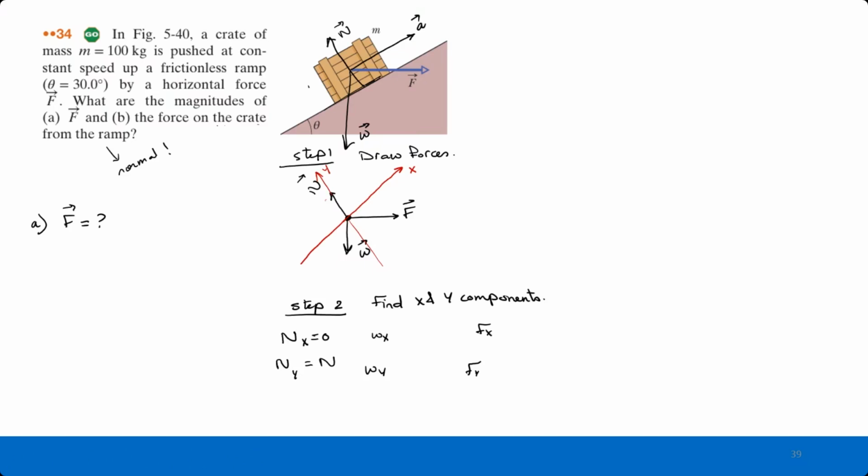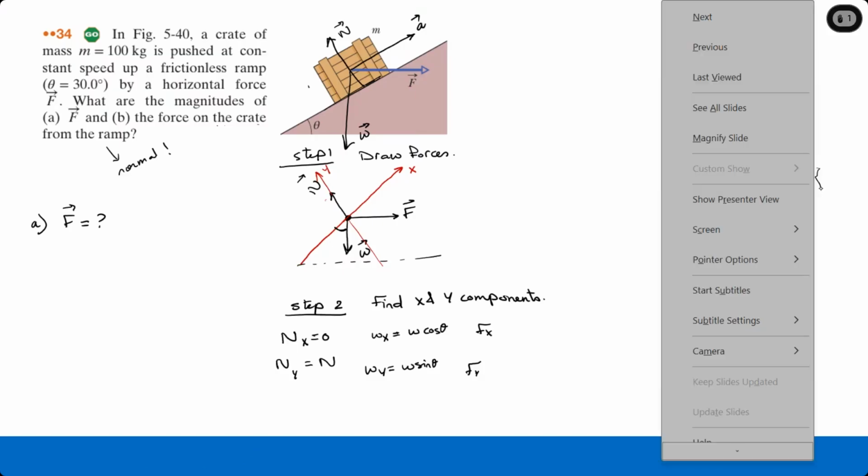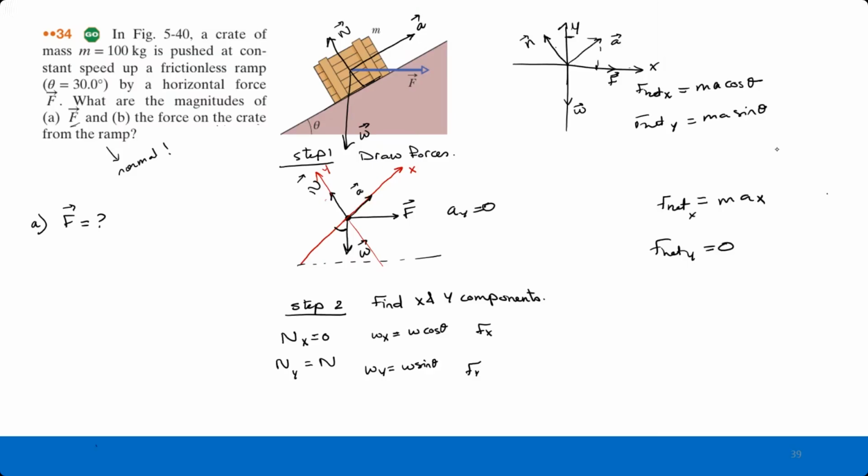Now, the other forces are not as easy. For the weight in particular, I want the angle it makes with the x-axis. It has both x and y directions. So I'll write it as W cosine theta and W sine theta. What remains is to find the x and y components of the applied force.